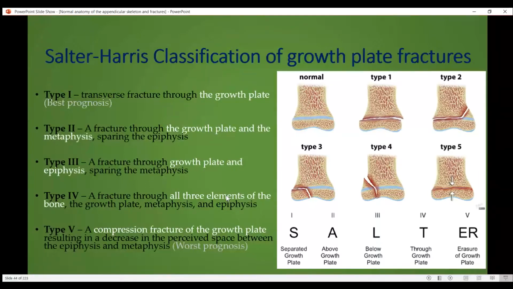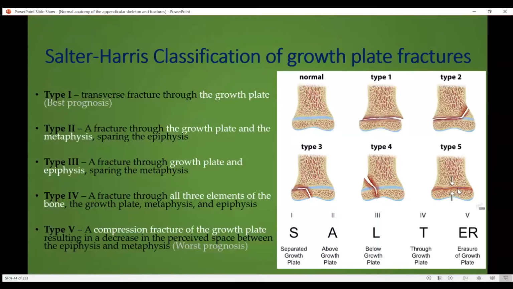In compression, the provisional zone of calcification and the zone of ossification completely overlap with each other, which will cause a deficient closure of the epiphyseal plate, so it has the worst prognosis. Did you understand? Because the provisional zone of calcification is present onto the metaphyseal end. Yes or no? So there will be worst prognosis.